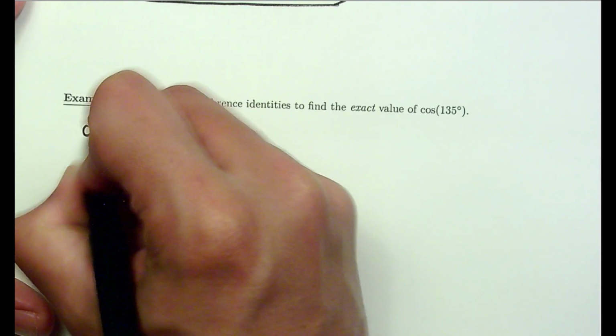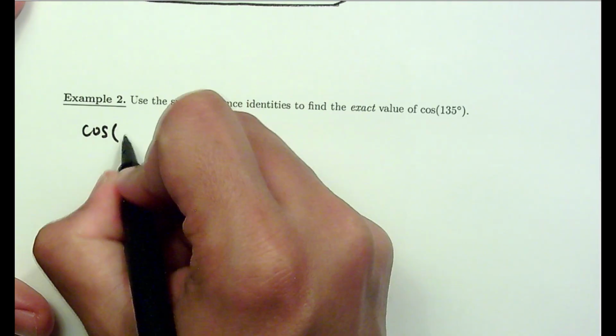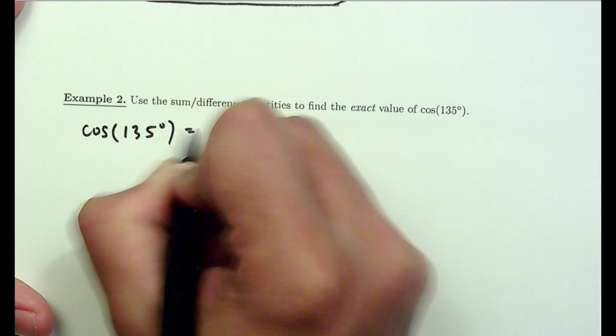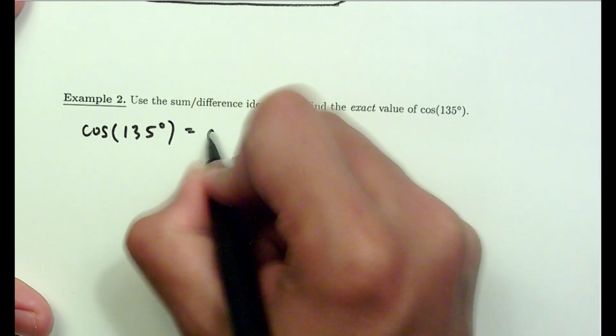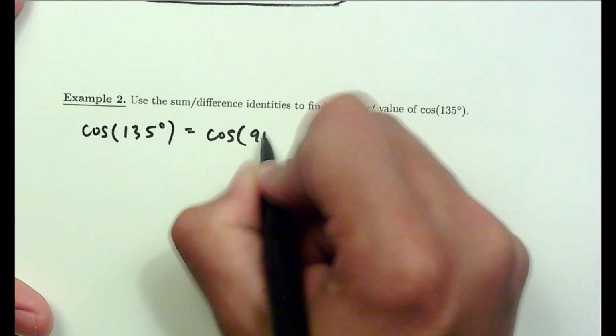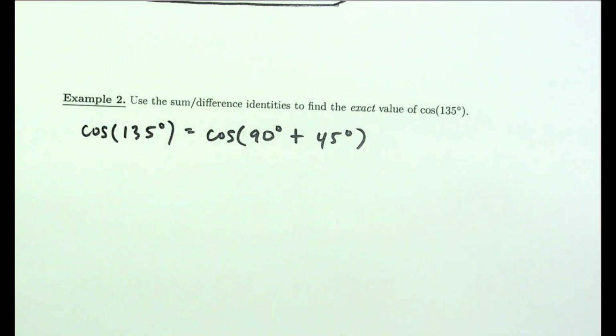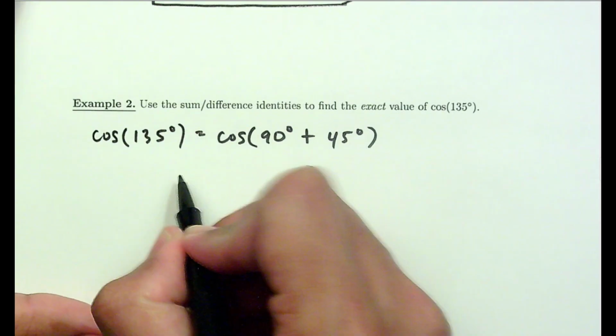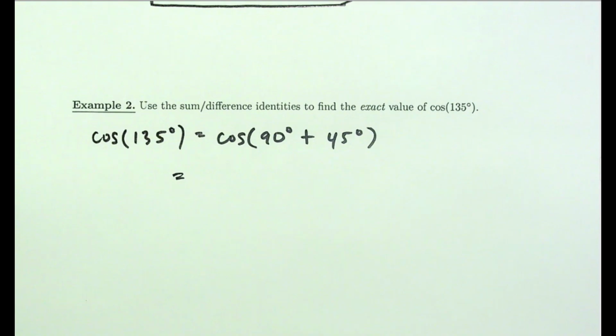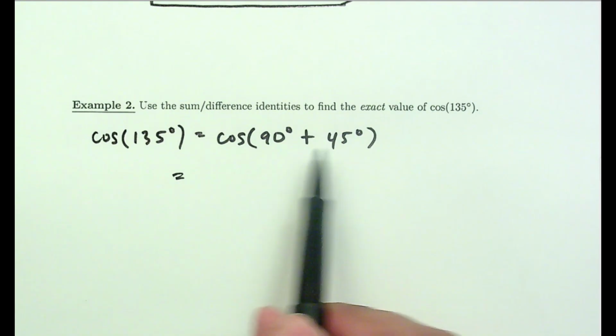So we can say cosine of 135 is the same as cosine of 90 plus 45. Okay, that's one combination that works. And then all we have to do is apply the formula for the cosine of a sum of angles.